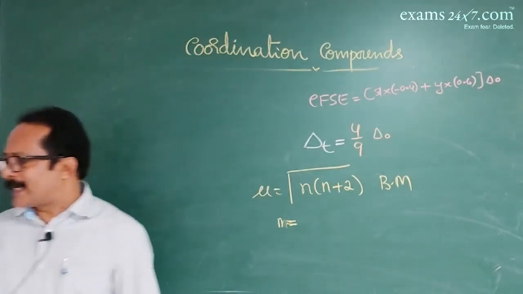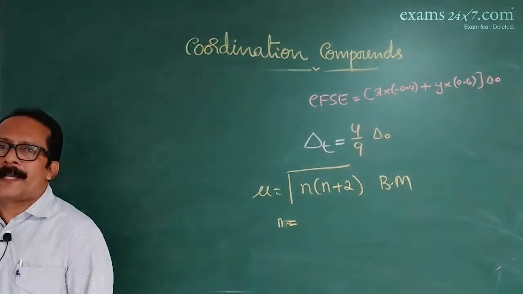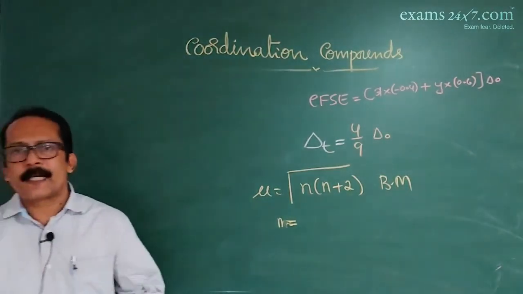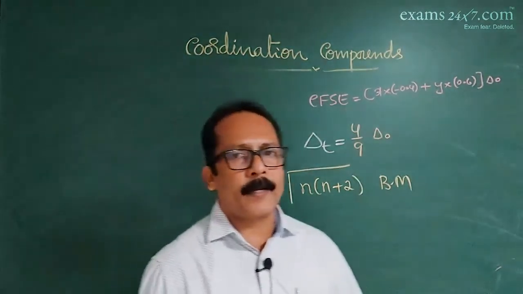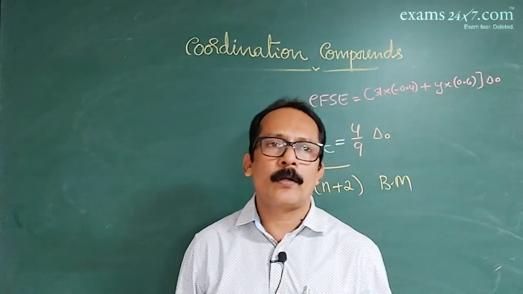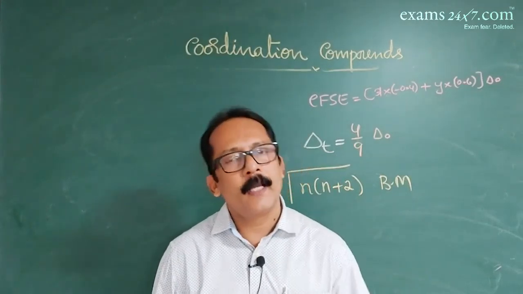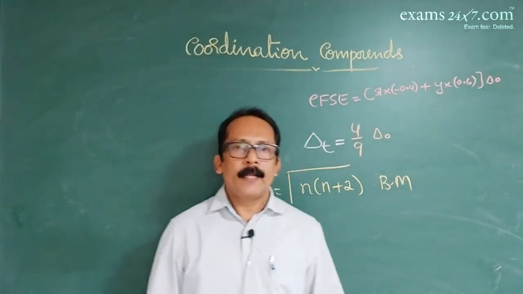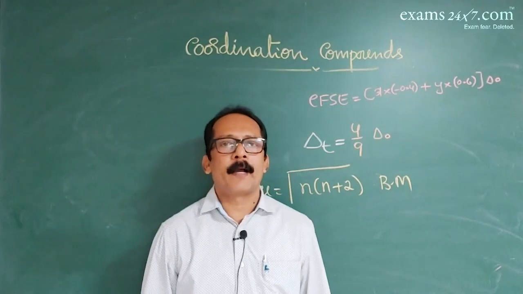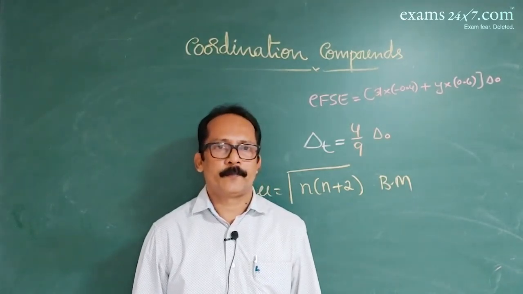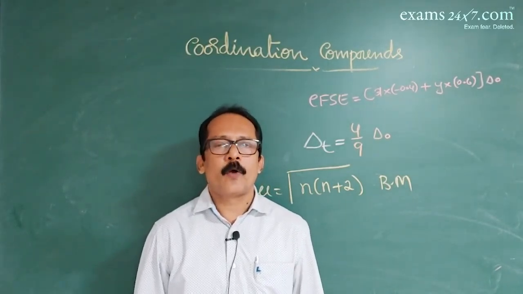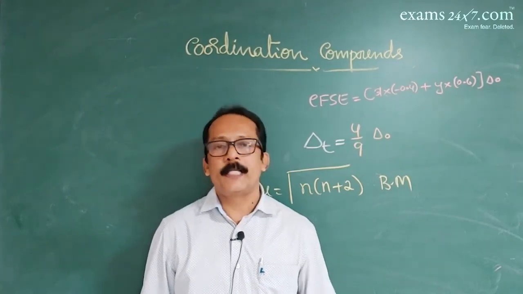Or based on the presence of unpaired electrons, we can decide the magnetic property. If there is an unpaired electron, such a complex compound exhibits paramagnetism. If there is no unpaired electron, it exhibits diamagnetic property. Okay, so this is about complex compounds or coordination compounds.